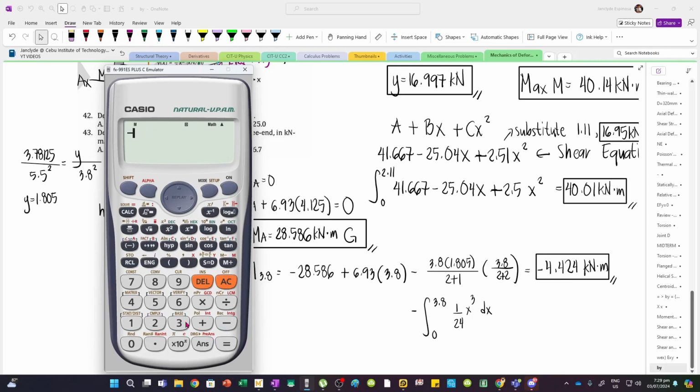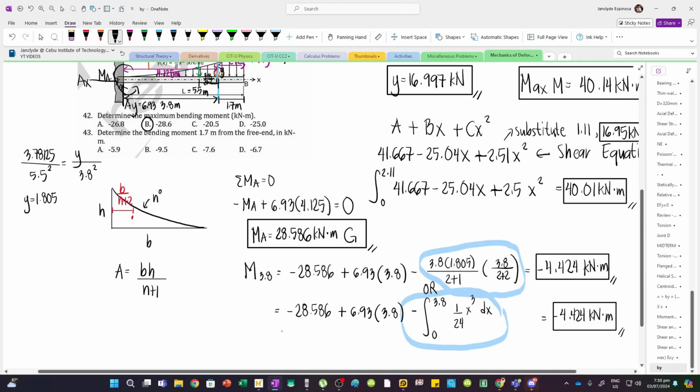Inputting this, we have minus 28.586 plus 6.93 times 3.8 minus the integral from 0 to 3.8 of 1 over 24 x cubed. So we still have minus 4.424.